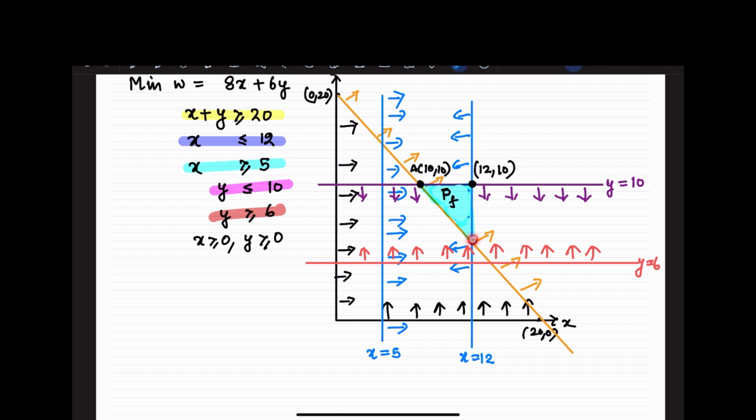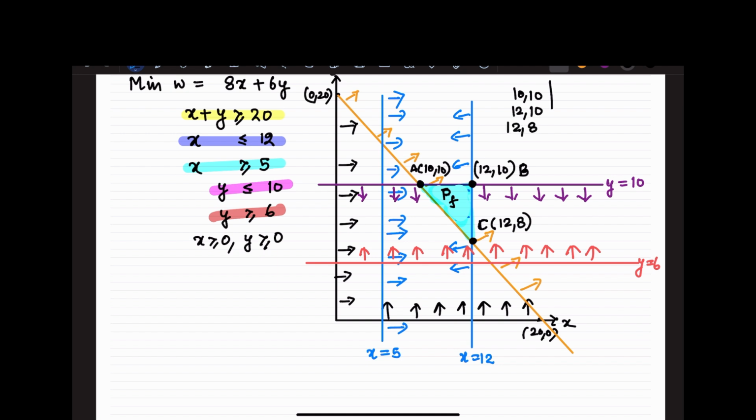This coordinate is where this blue is meeting this yellow. So put 12 here in place of x, and y comes out to be 8. Let's say this is C, and this is B. C is (12, 8). So the corners are (10, 10), (12, 10), (12, 8).